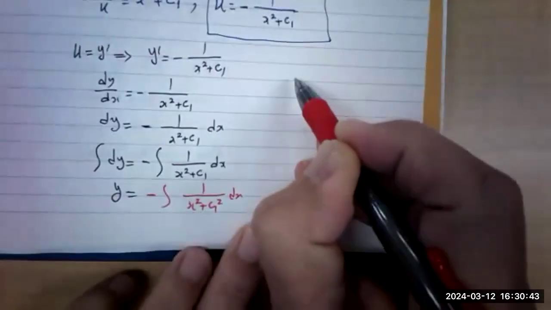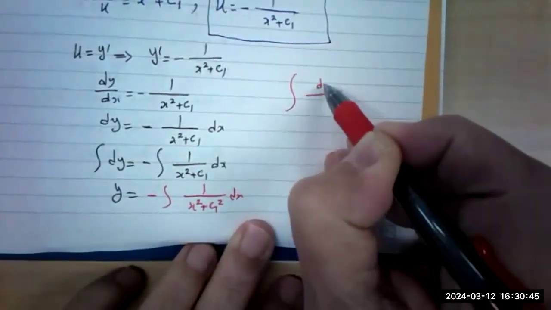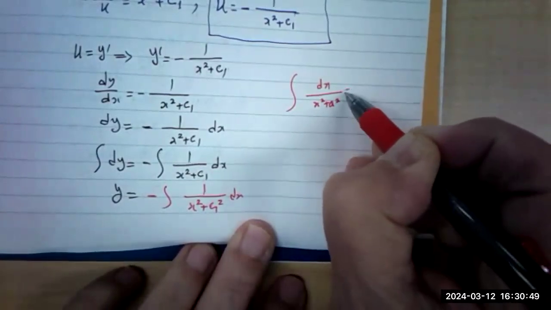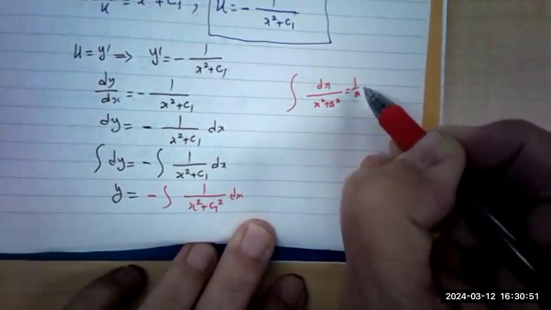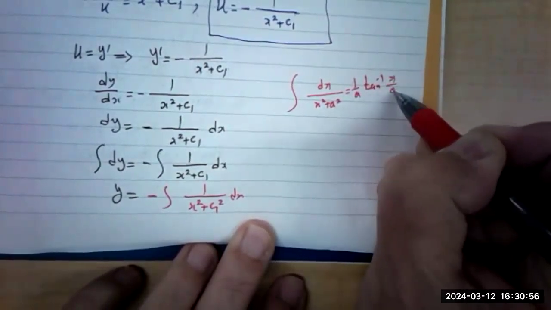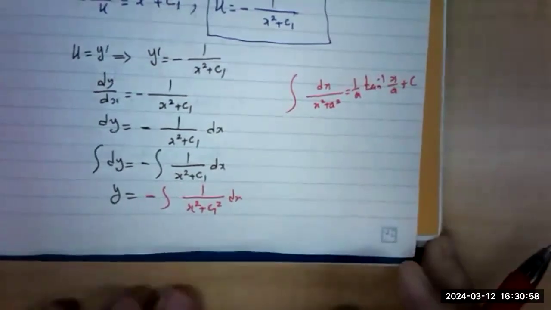dx. Just to remind you, if you have the integral of dx over x squared plus a squared, that gives you 1 over a tan inverse of x over a. That's the constant.